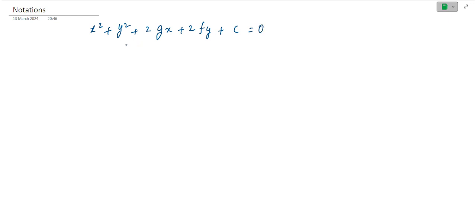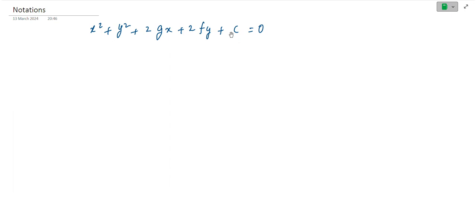Instead of writing this entire expression on the left hand side, we will denote it with a single letter so that we can save our time.